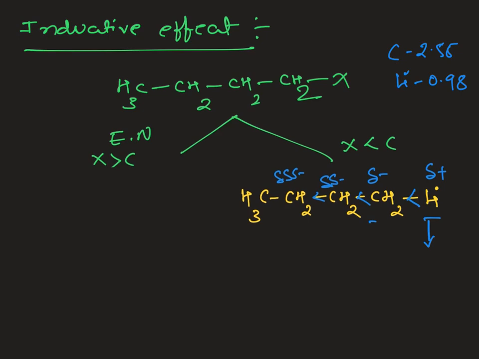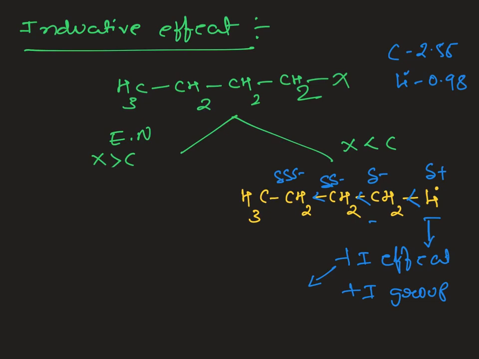If an atom or group attached to the carbon is less electronegative than hydrogen and carbon, it donates electrons to the carbon chain. It's said to be plus I effect, and this phenomenon we call plus I effect, and this group is called a plus I group. Plus means positive and I means inductive effect.